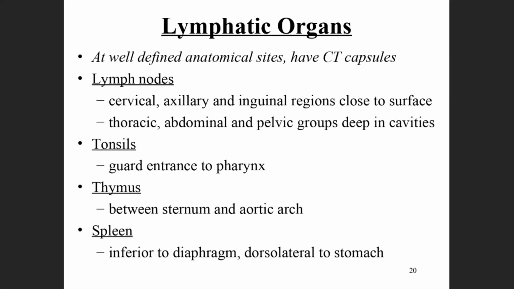And what are some of the lymphatic tissues? Some of the lymphatic tissue is often associated with the mucosal membrane, okay? So we call it mucosal associated lymphatic tissue, right?